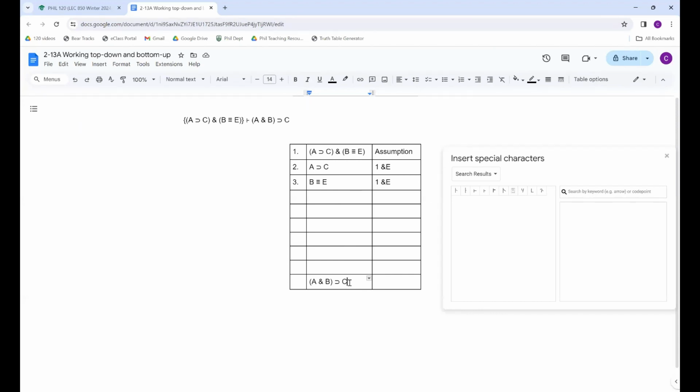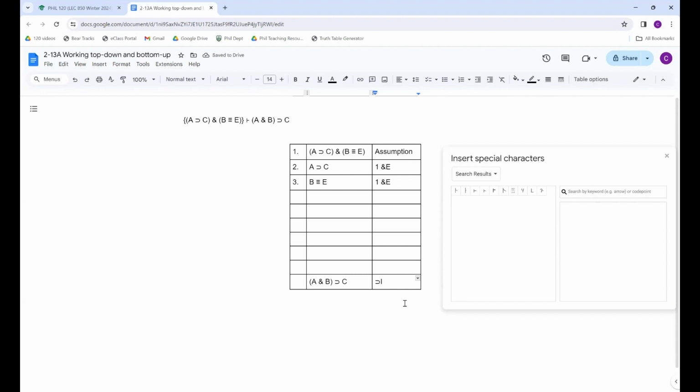If you look at pages 167 to 168 of the textbook, you can see there are various possible ways that you could derive a conditional. But the one that's going to be most useful, the one that you would use pretty much all the time if you want to derive a conditional, is going to be conditional introduction. So we will set things up to use that.